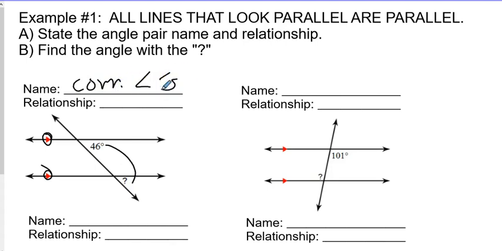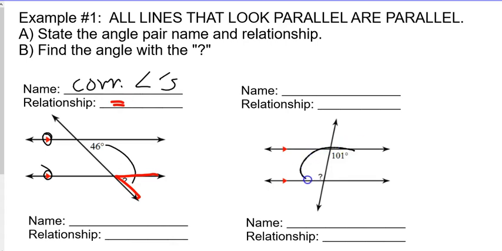Okay? Now, use a little bit of common sense. All these angles are paired up either acute or obtuse. These are both acute angles. So our answers are always going to be either congruent or supplementary. And these two are congruent. All right? How about the next one?